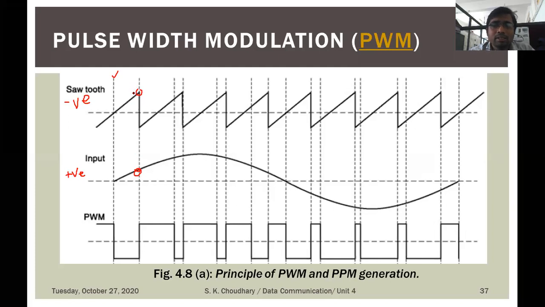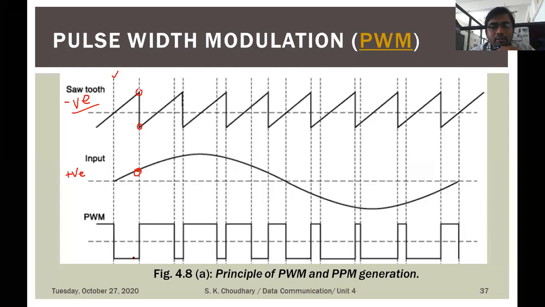As the sawtooth signal is connected to the negative terminal of the comparator, you obtain a negative pulse. Now, when you come to this point, where there is a falling edge of the sawtooth signal, the minimum value of this sawtooth signal is less than the minimum value of the input signal.